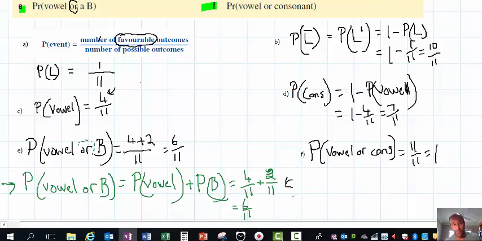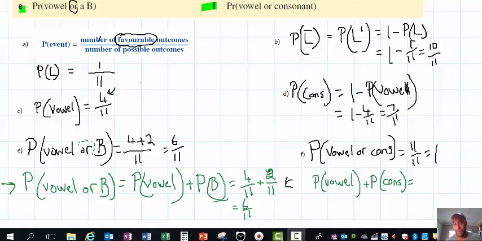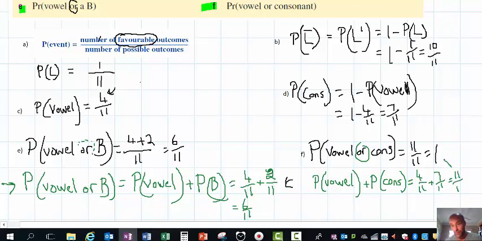It's the probability of a vowel plus the probability of a consonant. Remember you can use addition with or, and we'll look at that more in a future video. So that is probability of a vowel, which is 4 on 11. Probability of a consonant is 7 on 11, and 4 on 11 and 7 on 11 make 11 on 11, same answer as above.